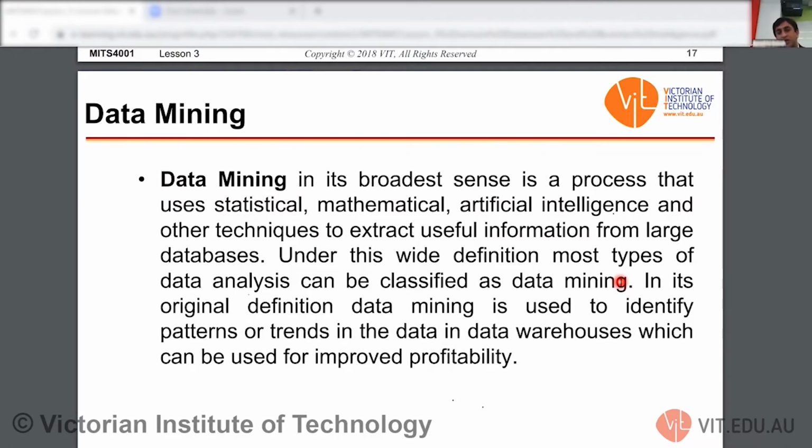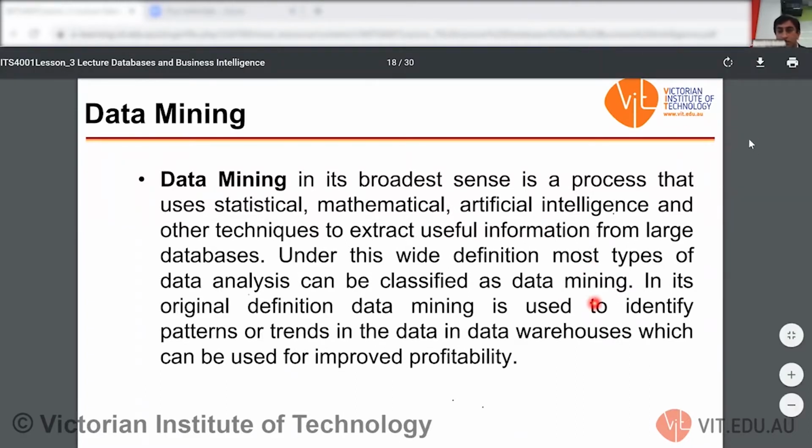We can use statistical methods, AI, and other techniques to find out information through data mining. So we can use automated tools to see what kind of decisions we can make from that.